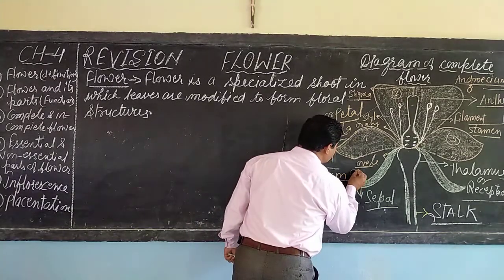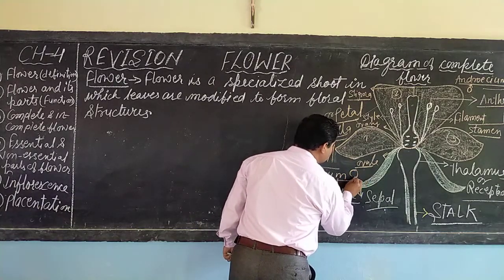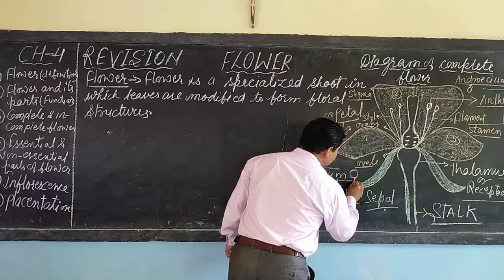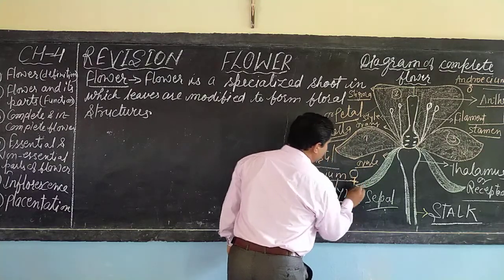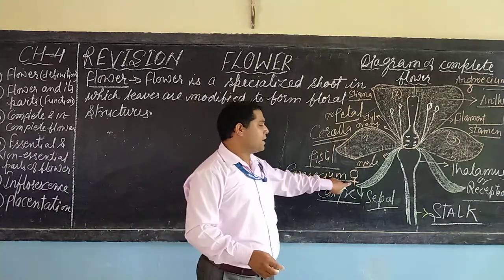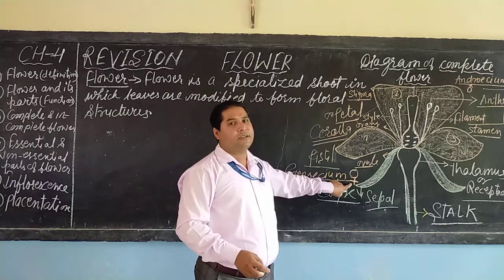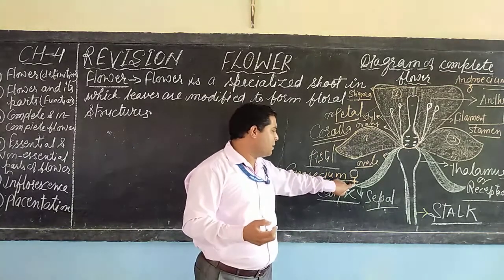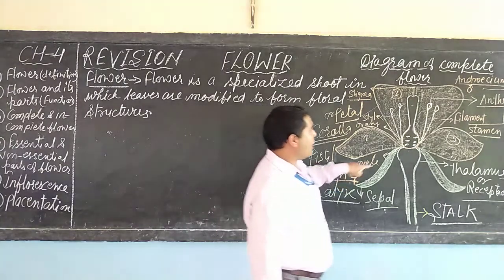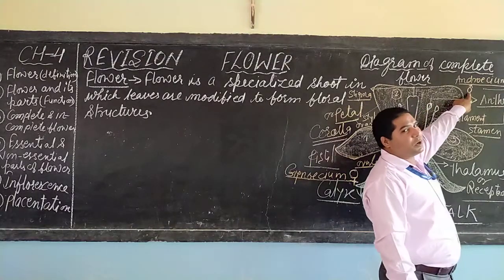You see the symbol here. This is the symbol of the female. Means the female part is represented by this particular symbol and the male part is represented by this particular symbol.